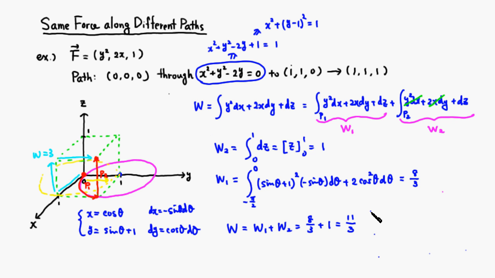But if there are kinds of forces where the work is always the same regardless of the path you take, those are called conservative forces, which is going to be the next topic. All right, that's it. I hope that this was clear.